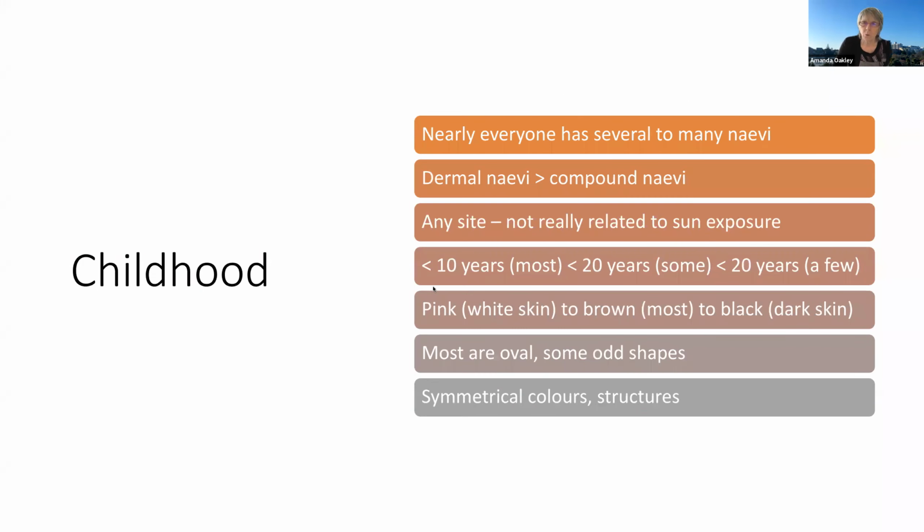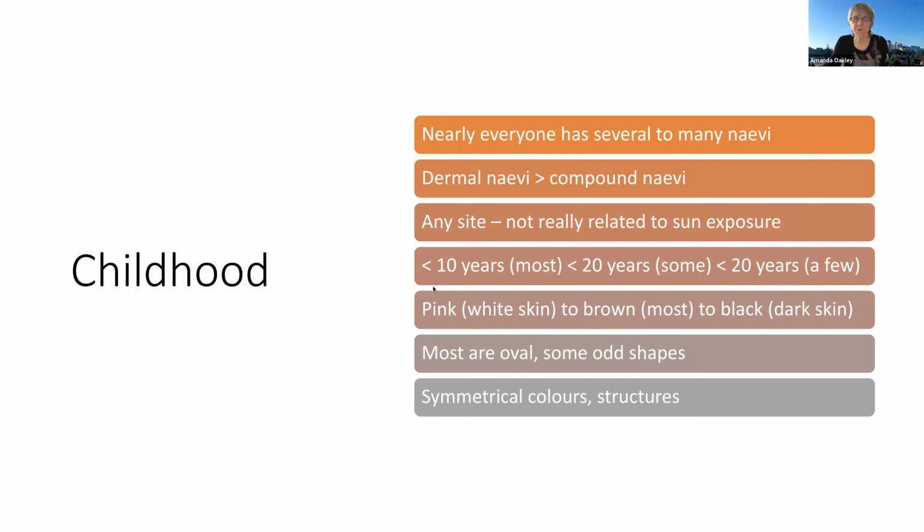Even if you weren't afflicted with a congenital melanocytic nevus, you almost certainly develop nevi during your childhood. Nearly everyone's got a few of them. Dermal nevi are more common in children than compound or junctional nevi.